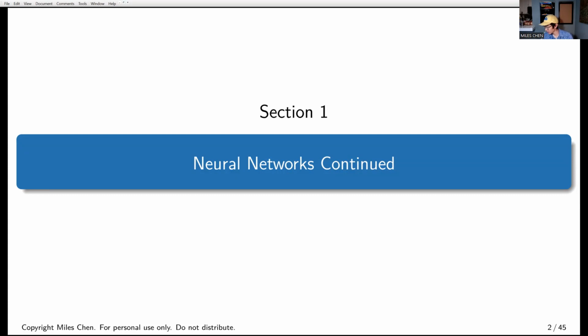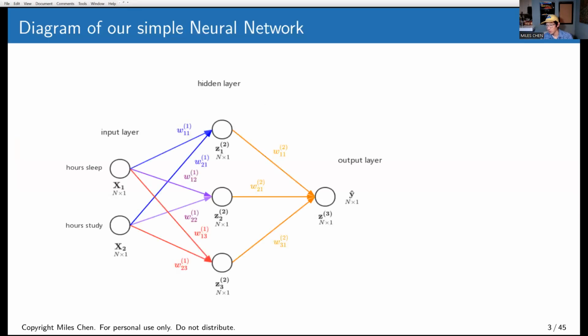Let's continue on. We left off on Wednesday. We introduced neural networks. We did forward propagation, and so let's just do a quick review of what that looks like. In our neural network, we have two variables coming in.